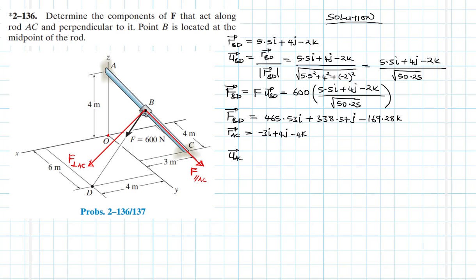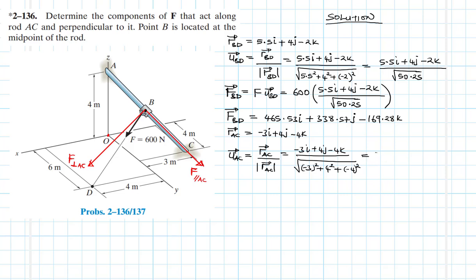So let's now find the unit vector UAC. The unit vector UAC is going to be equal to the position vector RAC divided by its magnitude. This therefore is equal to minus 3i plus 4j minus 4k divided by the square root of minus 3 squared plus 4 squared plus minus 4 squared.